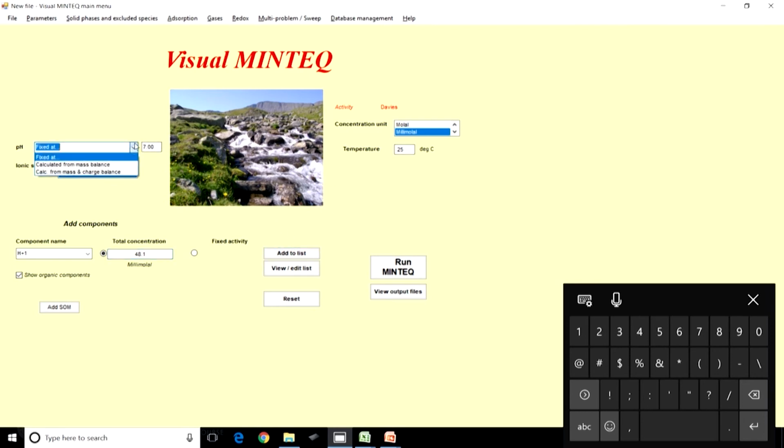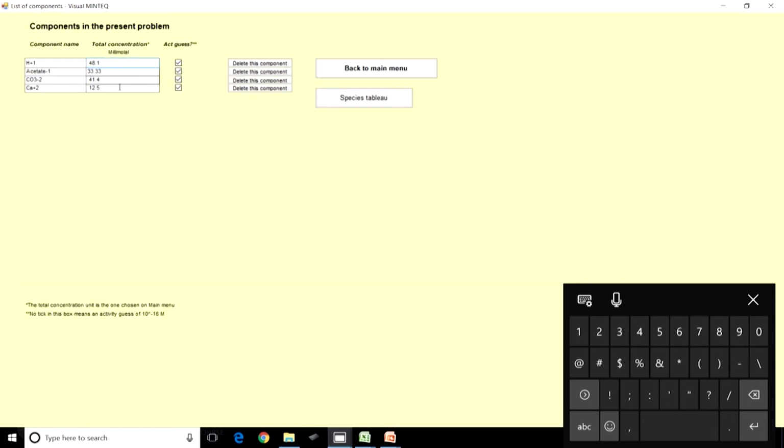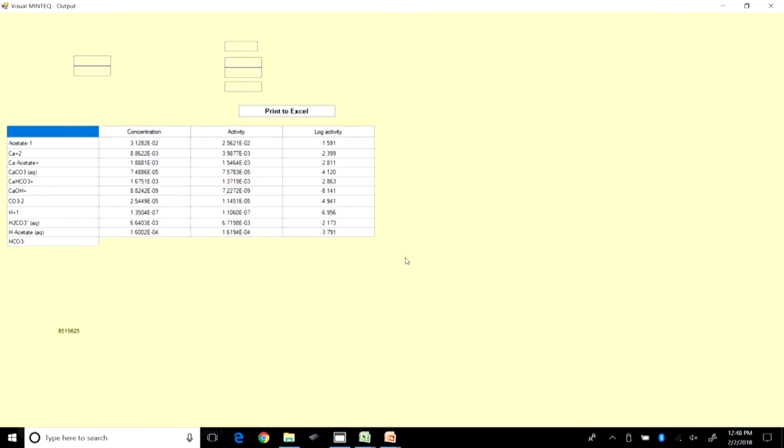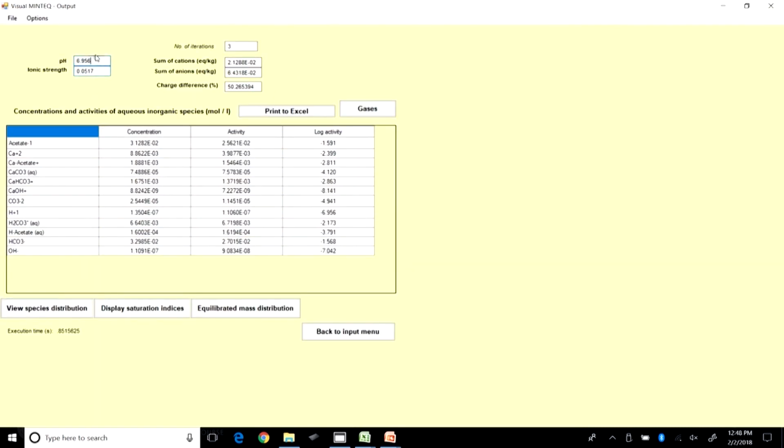So, obviously, the pH needs to be calculated, it is not fixed at a particular value. So, let us just view and edit the list. H total 48.1, acetate total 33.33, and the other values, back to the main menu, and I am going to run Minteq, right. I see that the pH is 6.95, not exactly 7, right. So, I need to obviously increase the concentration of what now?